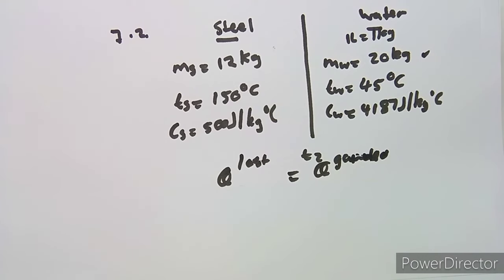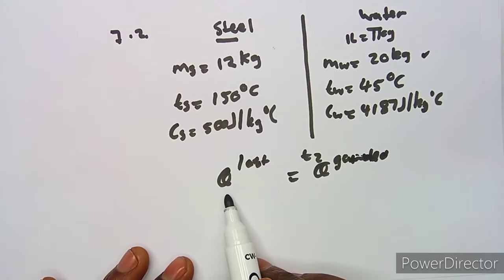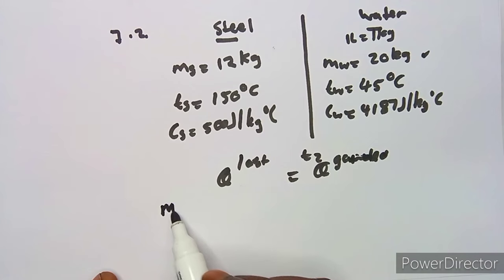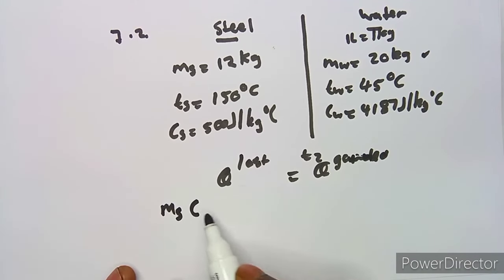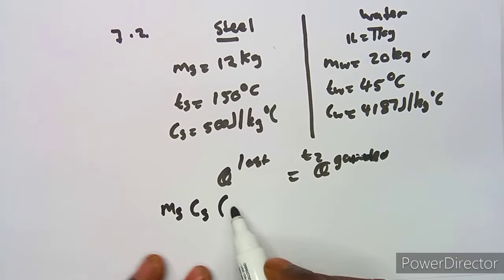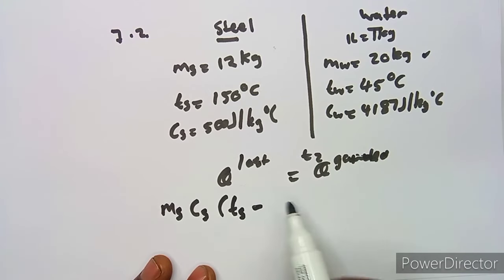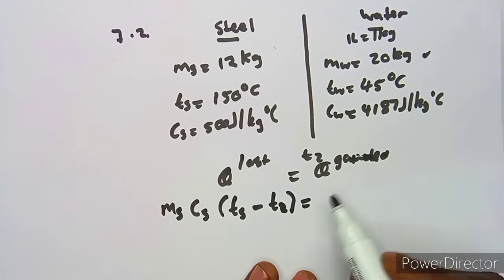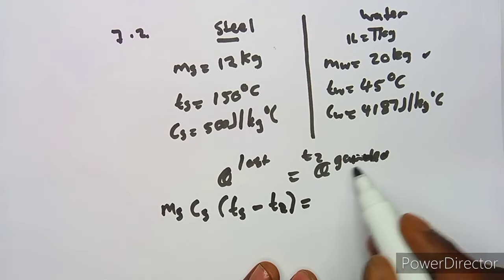All right, so what is it that we are going to have as the heat from the steel? Remember, it's going to be the mass of steel times the specific heat capacity of steel times the temperature of steel minus the final temperature, which is equivalent to the water which gained.